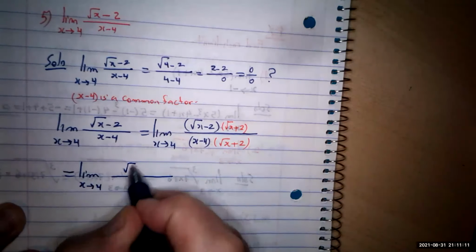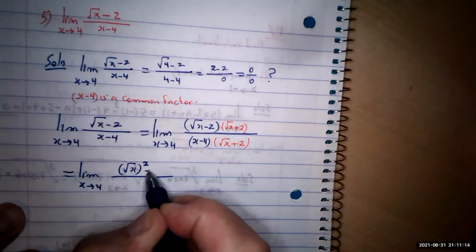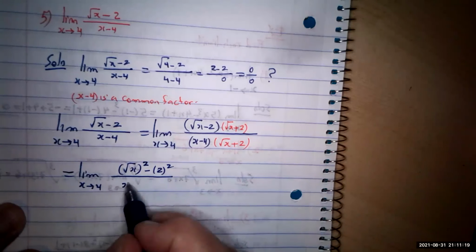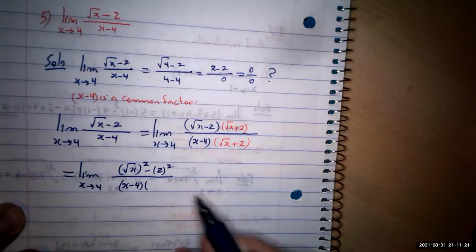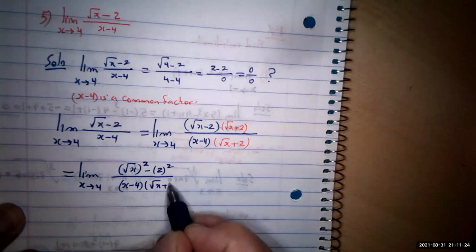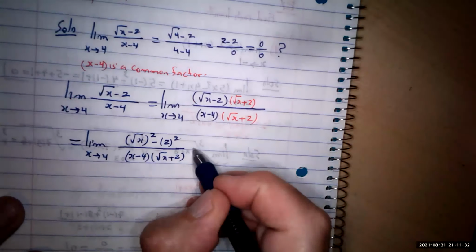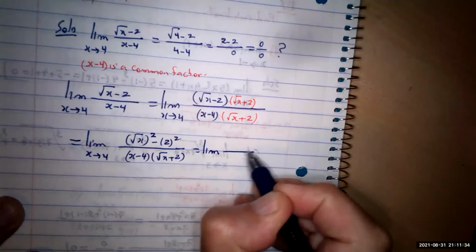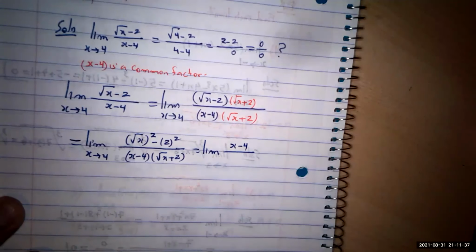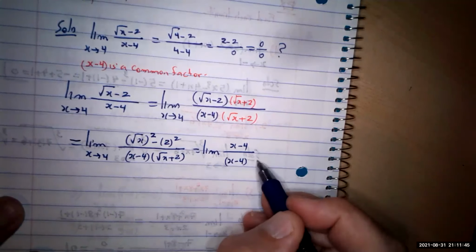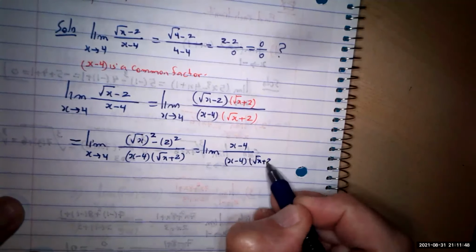The top would be radical x squared minus 2 squared, and the bottom one would be x minus 4 times radical x plus 2. Any question? The top is just the FOIL method, the special one. Radical x squared would be x, 2 squared is 4. You see, x minus 4 on the top. The bottom one as is, x minus 4 times radical x plus 2.